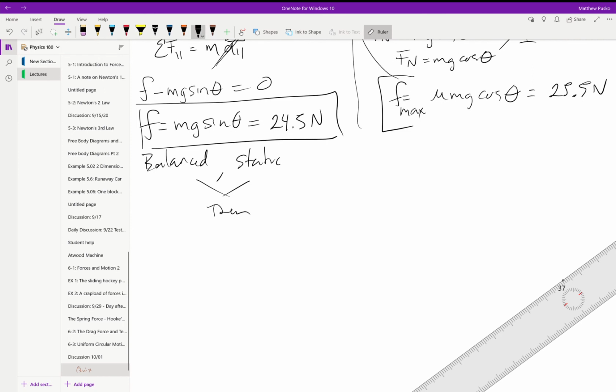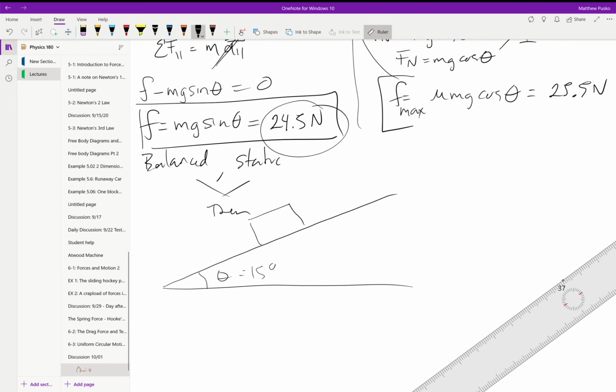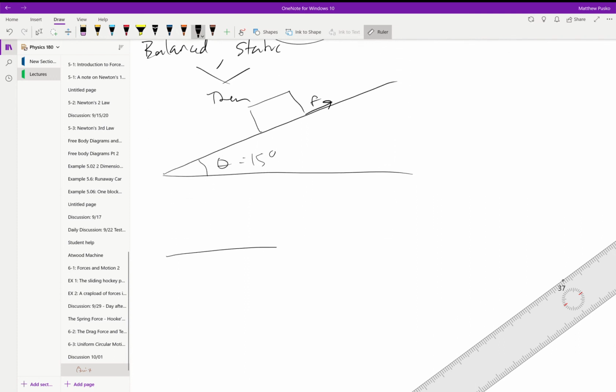If we reduced that angle of the incline, say maybe theta is equal to 15 degrees, we would find out mg sine theta would actually even get smaller. So the amount of friction to hold it up on a smaller angle would be even less. And we can reduce that all the way down to a flat surface, right?